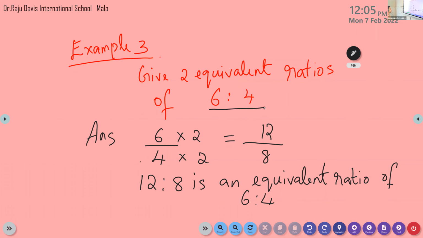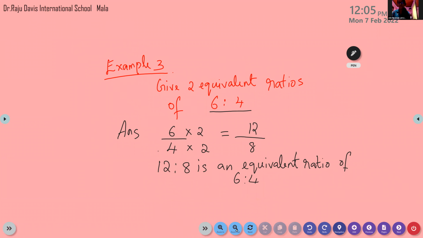That is the fraction for which you can find an equivalent fraction. How? Either multiply or divide. We have done one question with multiplication. Next, we can do division. So 12 is to 8 is an equivalent ratio of 6 by 4.